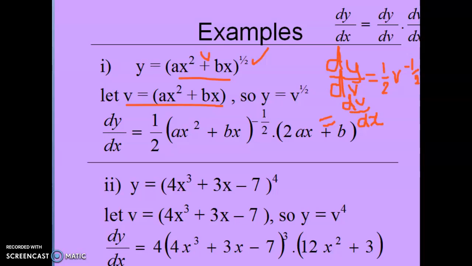dy dx is equal to dy dv. Remember, of course we will remove the v here. dy dv multiplied by dv dx, because v is ax squared plus bx, so we just remove v and put ax squared plus bx. I'm sure that is understood.